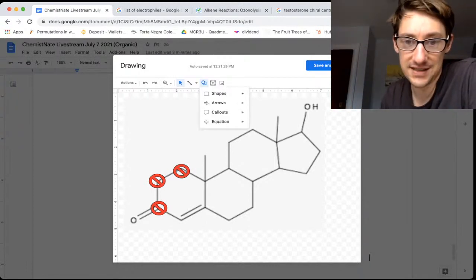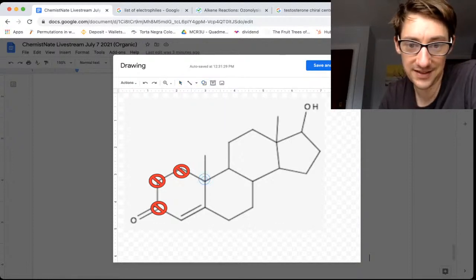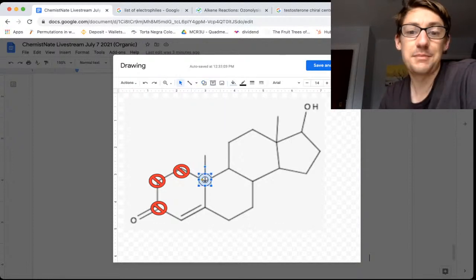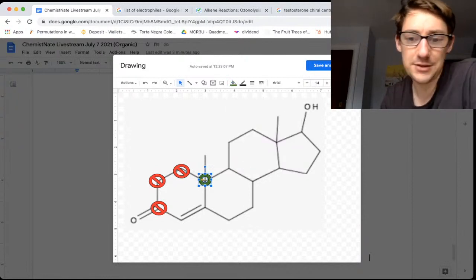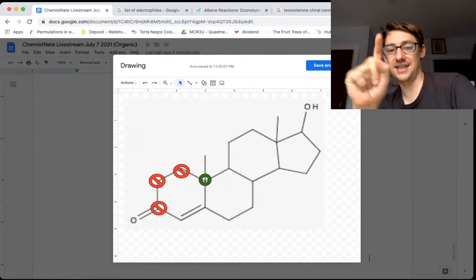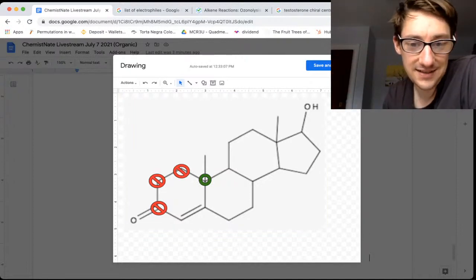This is our first example of a carbon that is chiral. Just trying to find the symbol I'm looking for. That one ends up being chiral because it's connected to 4 different things. Great. I'm using green circles for like, yes, this is it, and this strike through symbol for no, it's not.